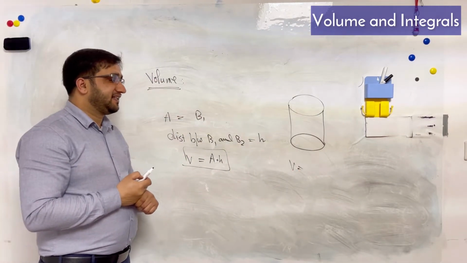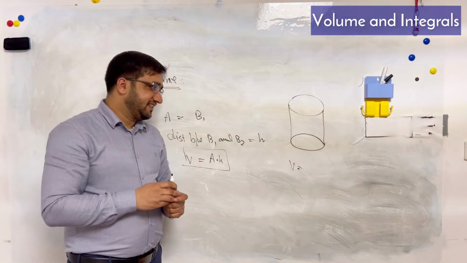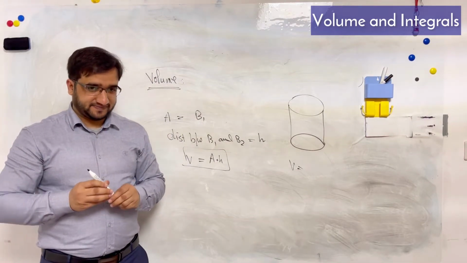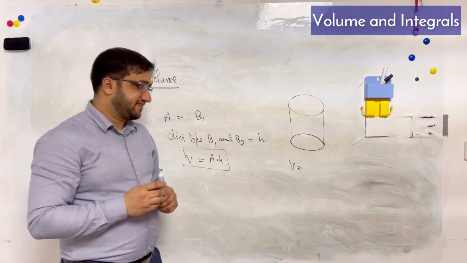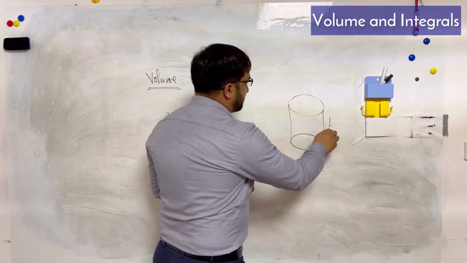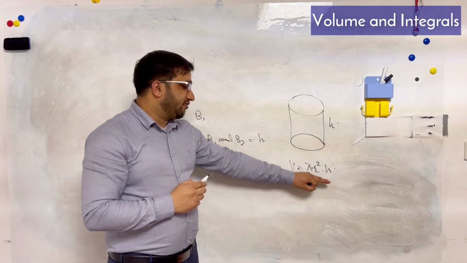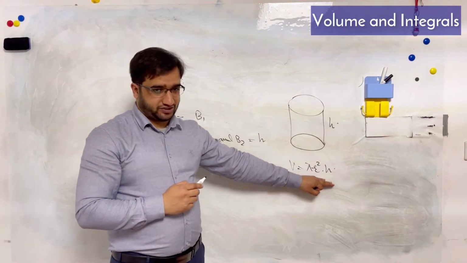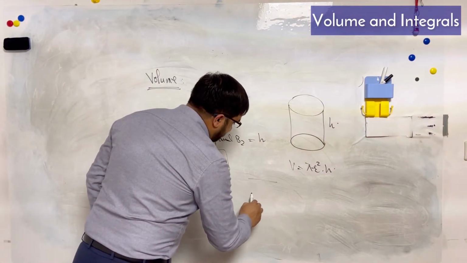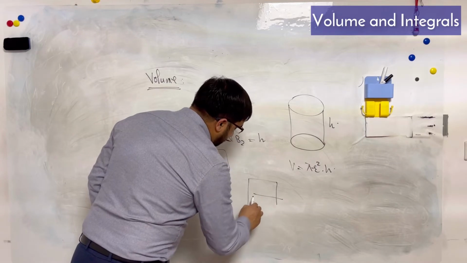So we will find the area and then multiply with the height. What is the area of a circle? Pi r square. Yes. So the area is pi r square, and I know this is height, so the volume will be pi r square h. And if I have a cylinder of this shape, then pi r square h.